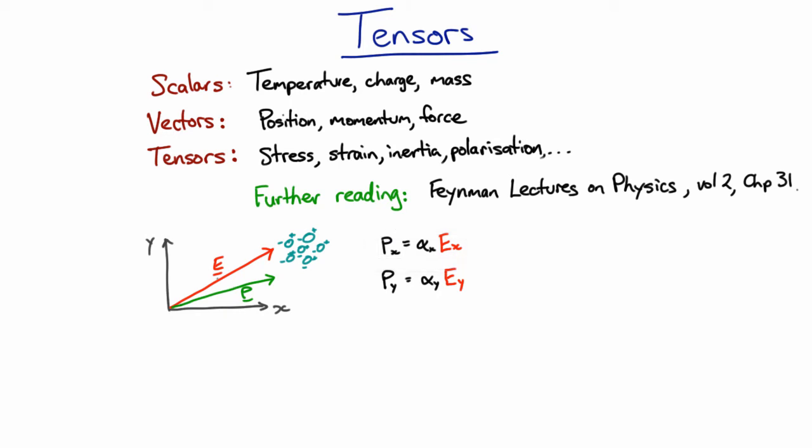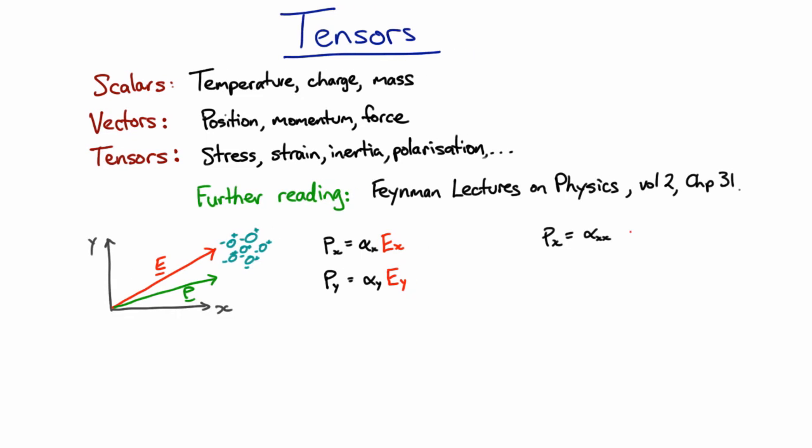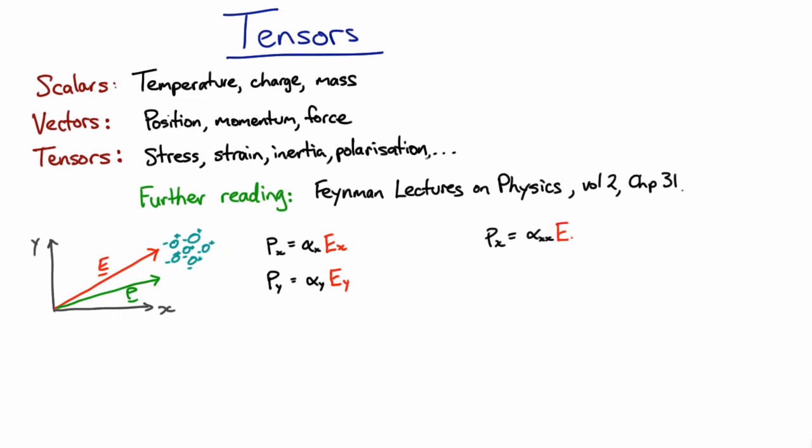If I applied this electric field directly along the x-axis, I might actually have got some polarization in an arbitrary direction. It could have been anywhere. So in fact, in general, I have a different relationship. So my Px actually has to be a linear combination. It has to depend on the electric field in all sorts of directions.